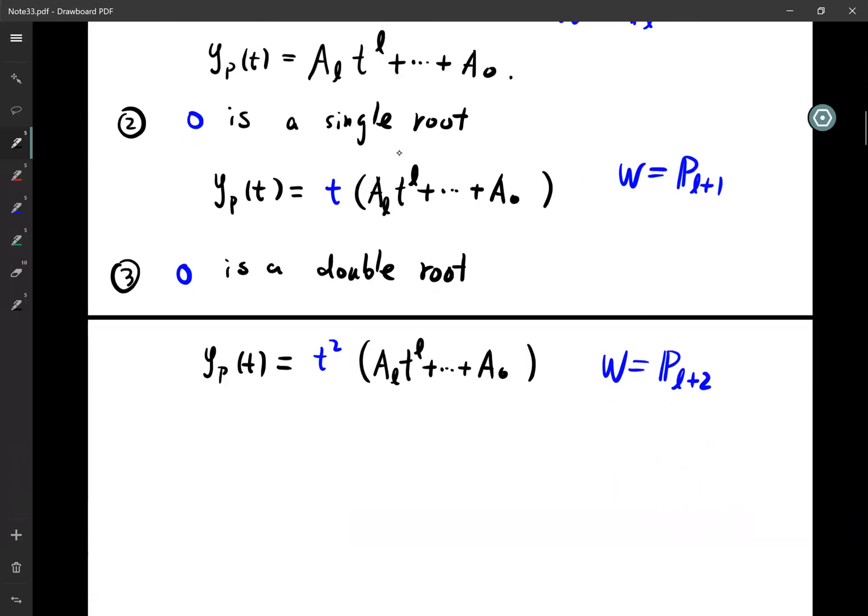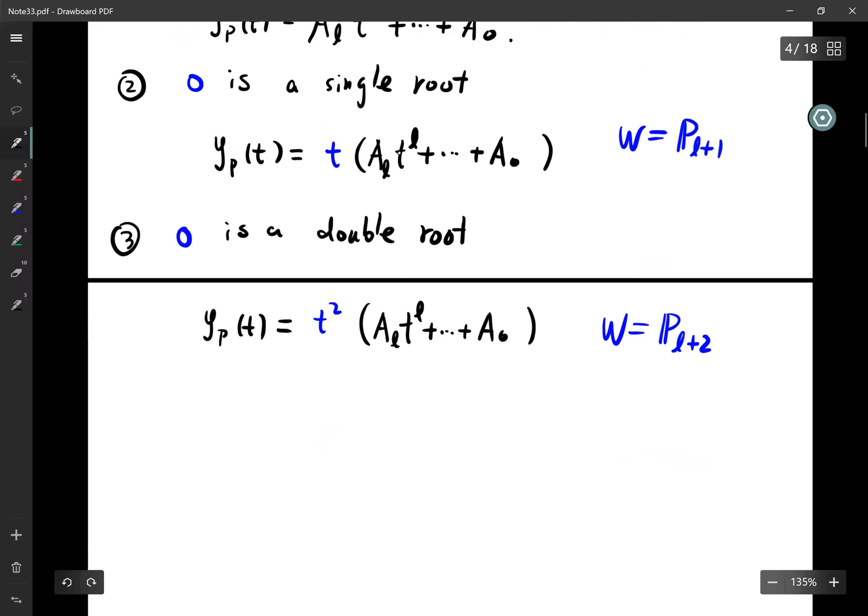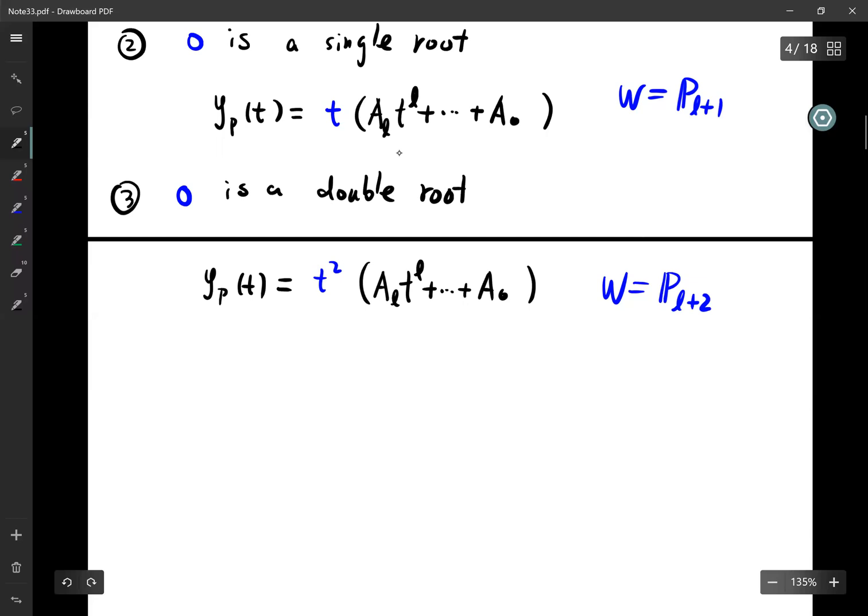Now you can view each of these t squared times the polynomial as a basis function, and then try to solve the equation, matching the coefficients with the right hand side, and there will be a solution, and that's the particular solution.